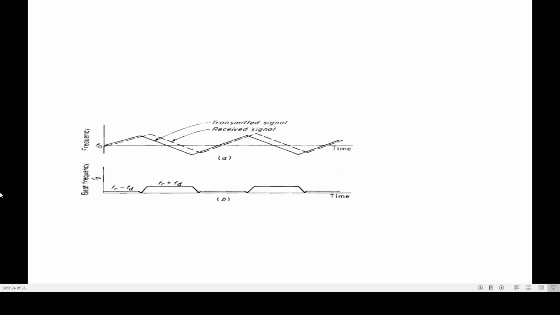Now, another consideration is if the object is moving, the time mark can be like this. Okay, so this is when the object is approaching. So this can be compared and the beat frequency can be expressed like this.